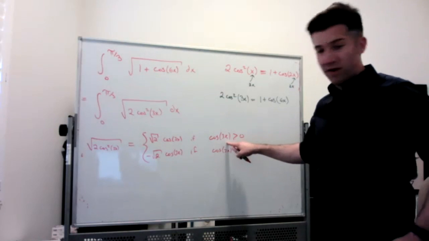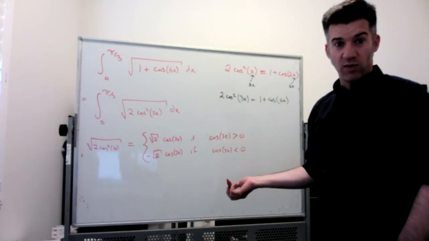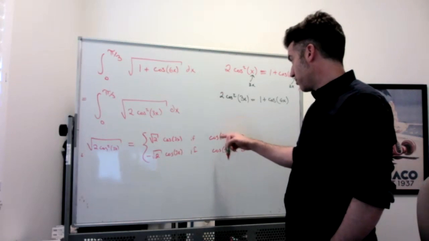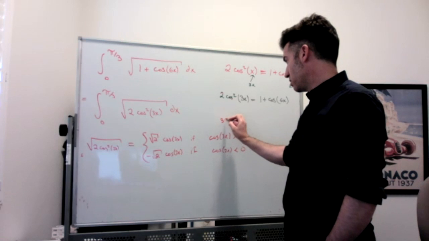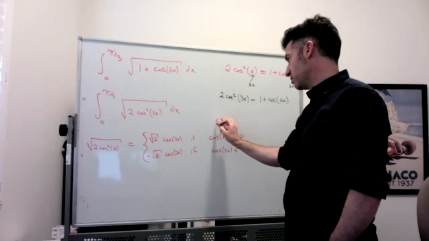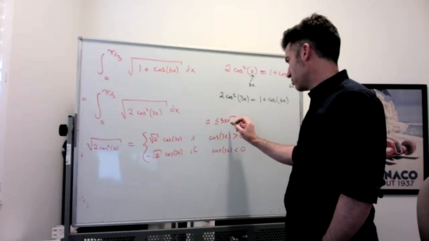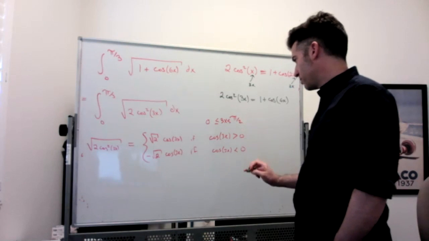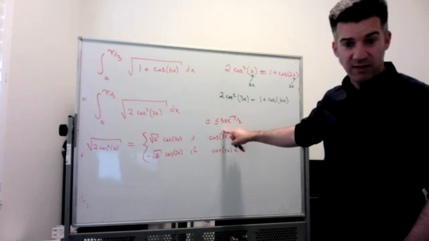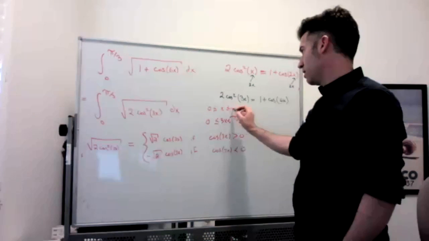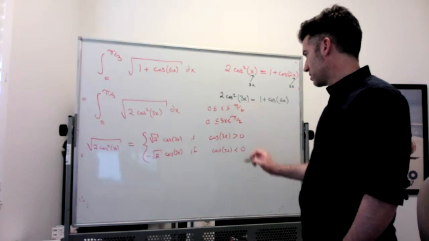when is cosine of 3x positive? Well, it's positive when we're in quadrants 1 and 4. So basically, this is positive if our angle 3x is between 0 and pi over 2. Which, if I divide everything by 3, it means x is between 0 and pi over 6.